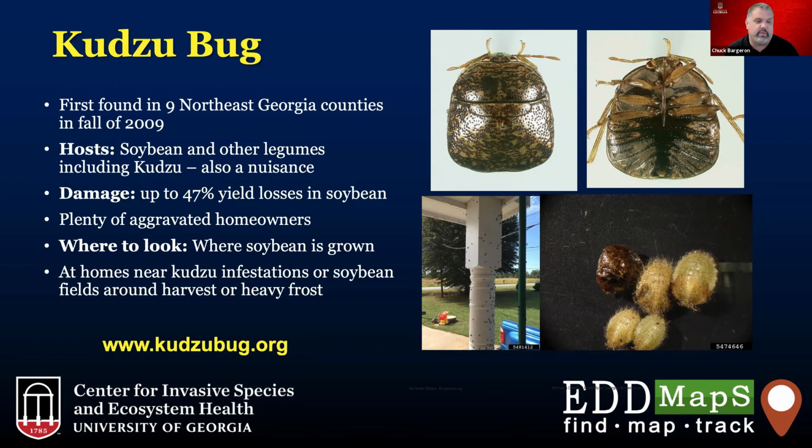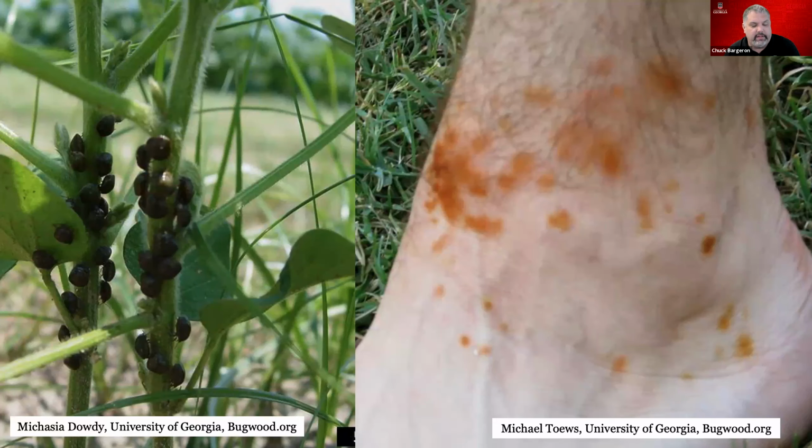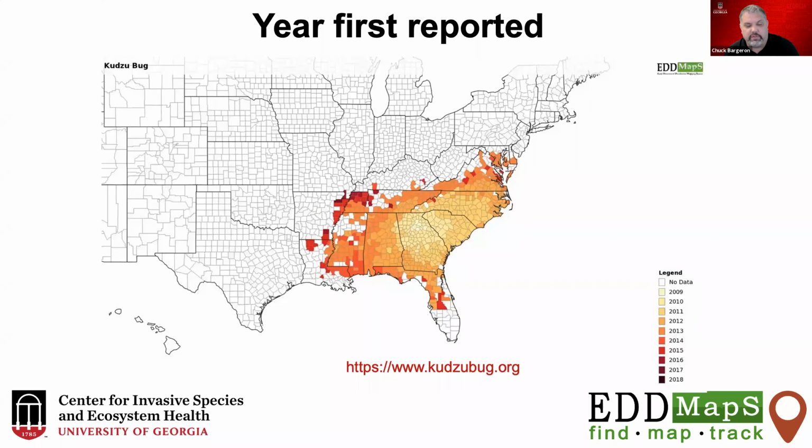Also wisteria was one of its hosts, but then soybeans were a host, and it became as much of a nuisance insect as well, where it would just show up, and as you can see on this house, they look kind of like ladybugs, but they were brown and kind of had this square shape. Once you knew what one looked like, they were very easy to find. And here you can see some of the irritation that it can cause on people's skin.